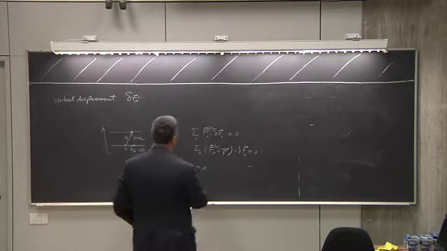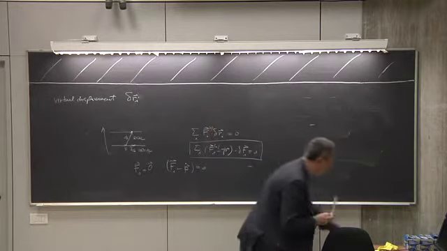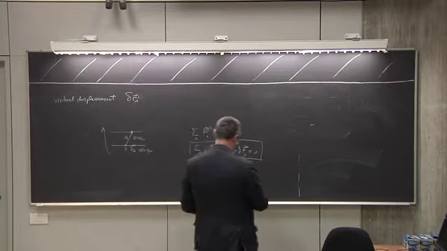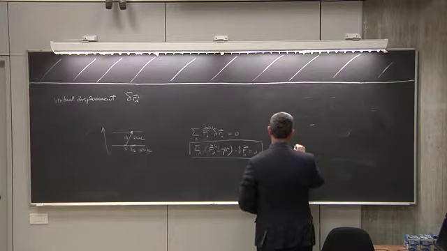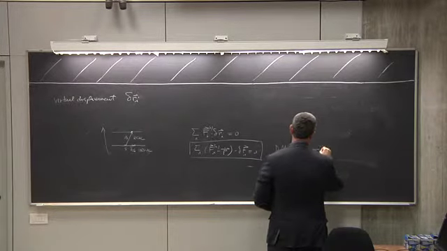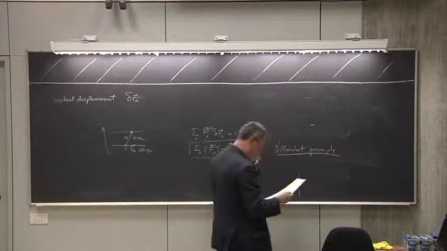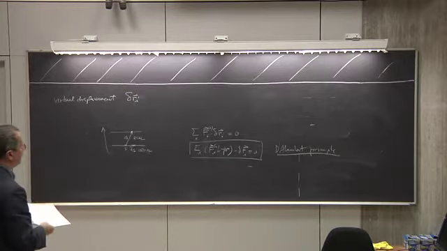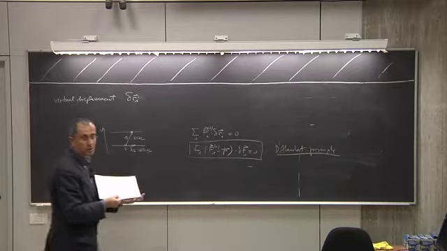And this equation, the fact that this is equal to 0, is called D'Alembert's principle, as I said. And as you see, it's completely equivalent to Newton's law.